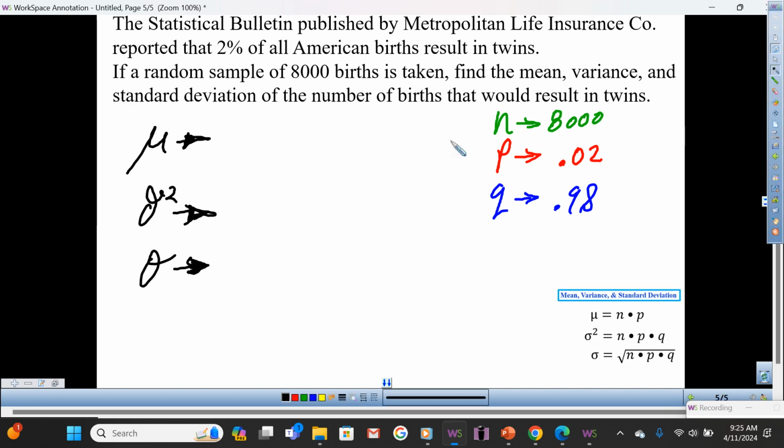All right. What you get for the mean? Pass someone, Chelsea. 160. 160. What you get for the variance? Pass it to someone. What was it?